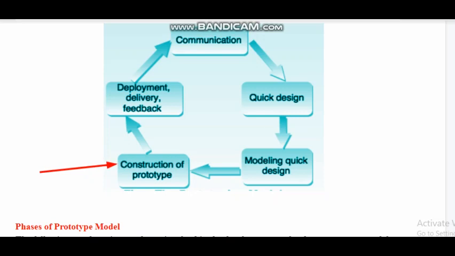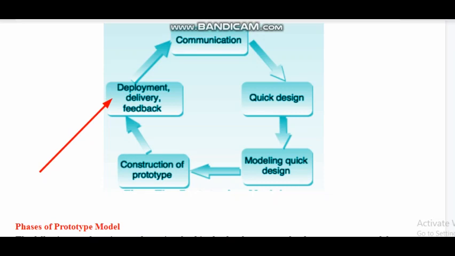Construction is nothing but coding and implementation of the prototype. Then we deploy that model and give it to the customer for usage, and we collect the valuable feedback from the customer.